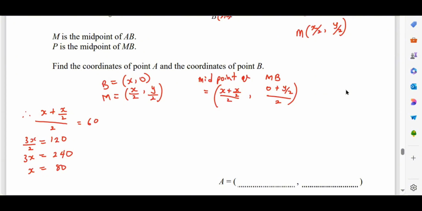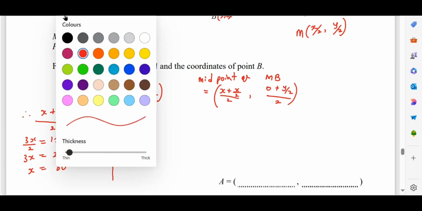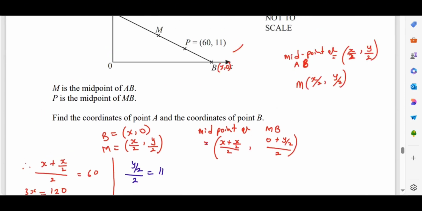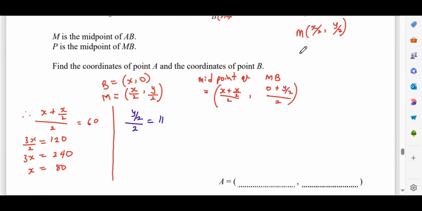So let's solve for y. We'll do the same thing for y that we did for x. So (0 plus y over 2) over 2, that will give us y over 4, equals 11.